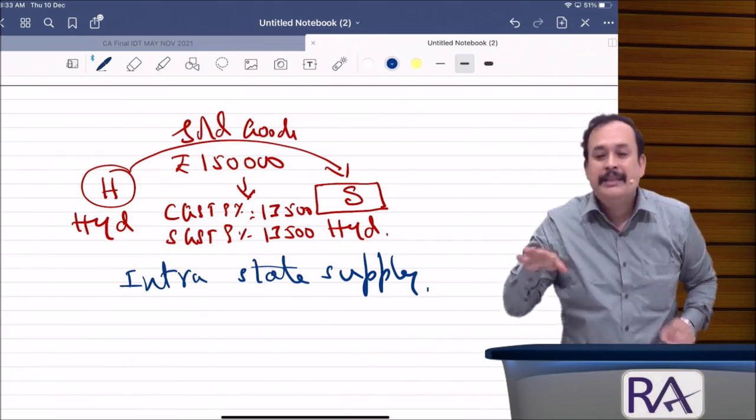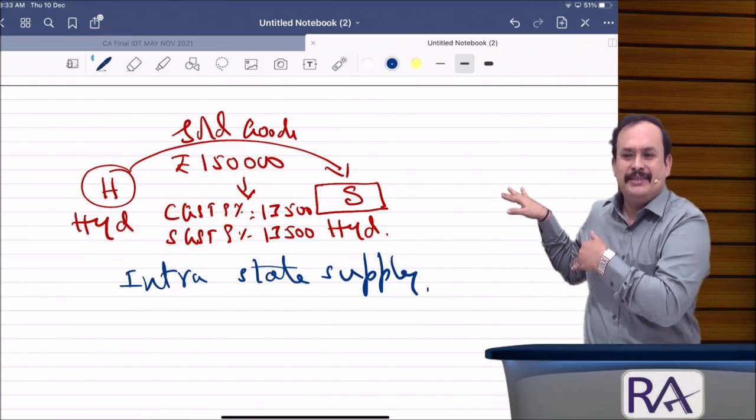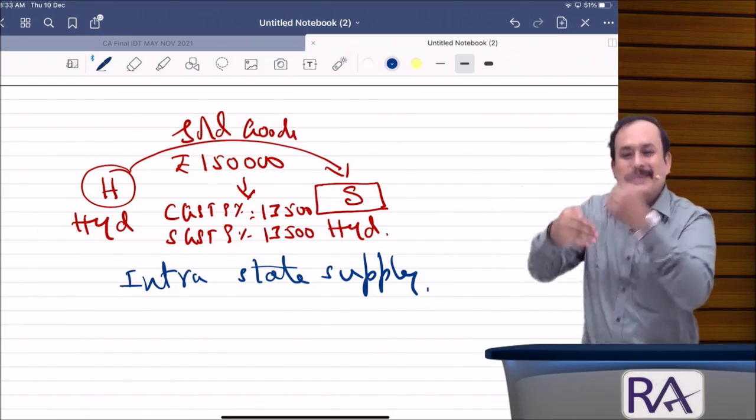Therefore, CGST followed by SGST, or SGST followed by CGST.